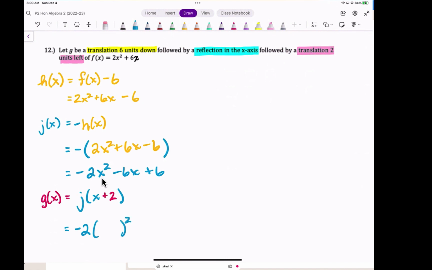So it looks like negative 2 parentheses squared minus 6 parentheses, okay, minus 6x becomes minus 6 parentheses, and then plus 6. And now that I've written that whole thing out, I'm going to replace those x's in the parentheses with just an x plus 2.